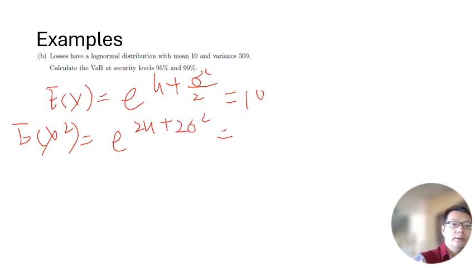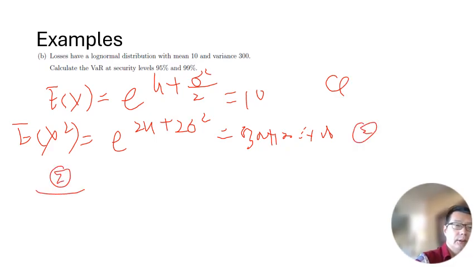This will be similarly 300 plus 100, equal to 400. Now, in order to solve this, you can use the first equation as equation 1, the second equation as equation 2, then you can use the second equation divided by the first equation squared, which means it's 400 divided by 100, which will be equal to e to the power of sigma squared.